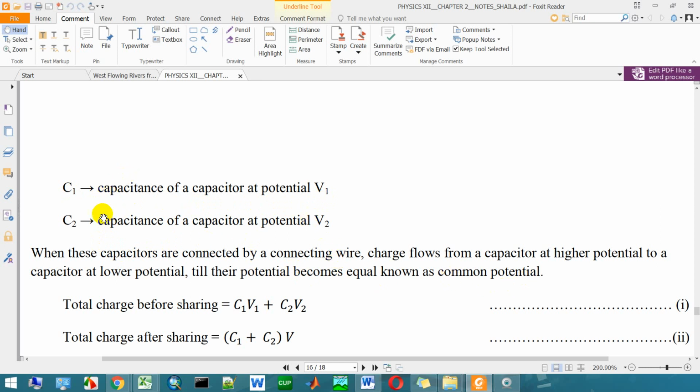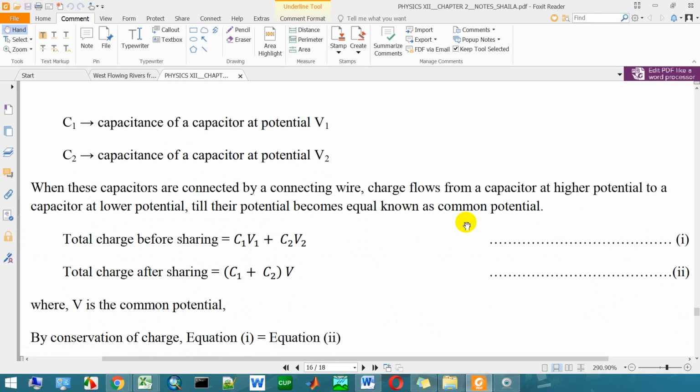So when these capacitors are connected by a connecting wire, charge flows from a capacitor at higher potential to a capacitor at lower potential till their potential becomes equal, and this is known as common potential. So total charge before sharing is C1 V1 plus C2 V2. Charge is C into V, isn't it?